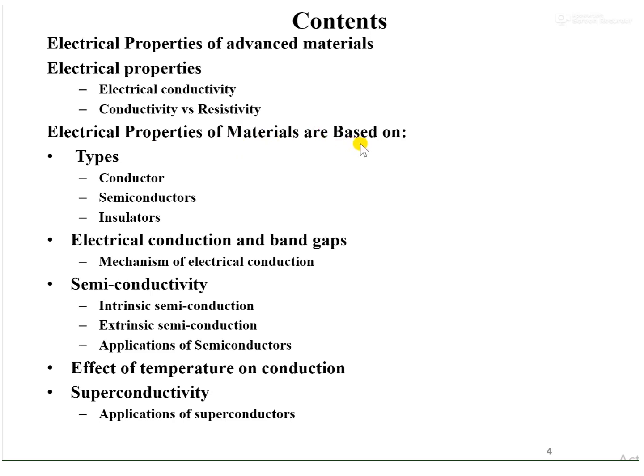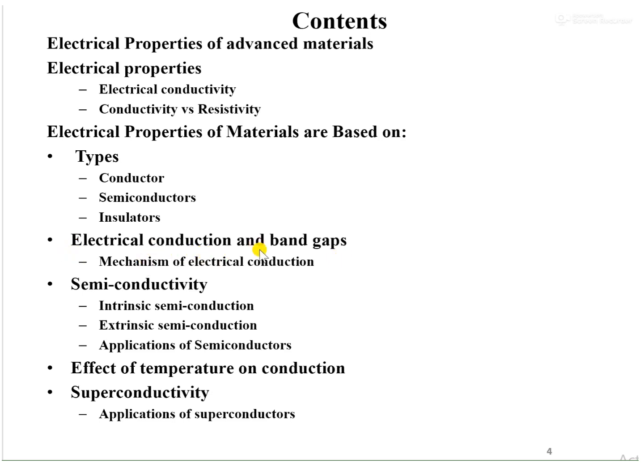Then we will discuss the types of materials that may be conductors, semiconductors or insulators, and later we will discuss their details. The next thing that we will discuss under the electrical properties of materials, on which these are based, are electrical conduction and band gaps.